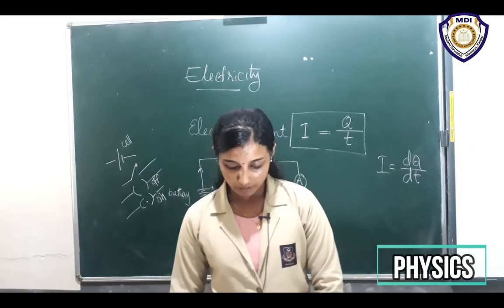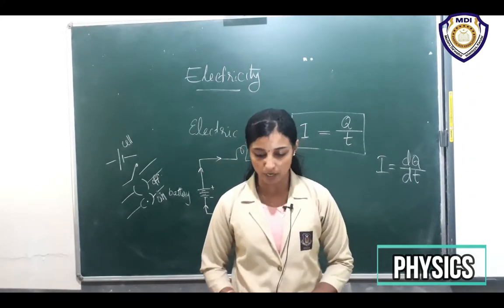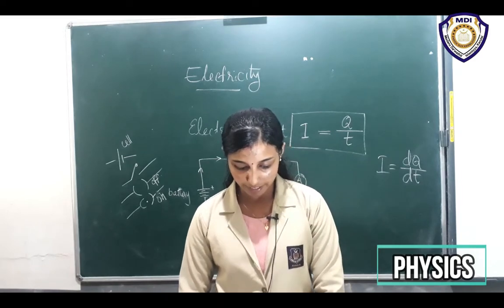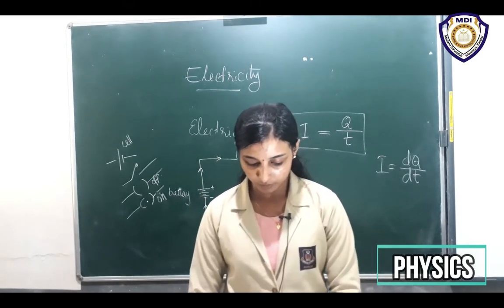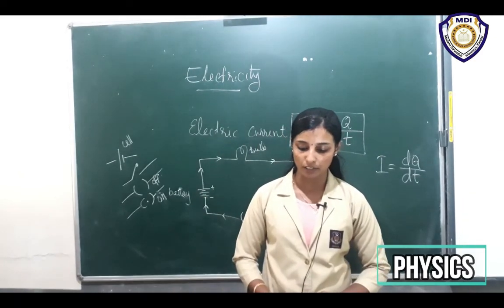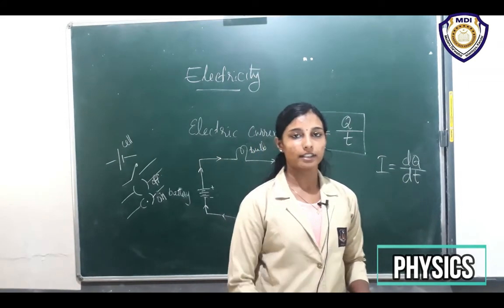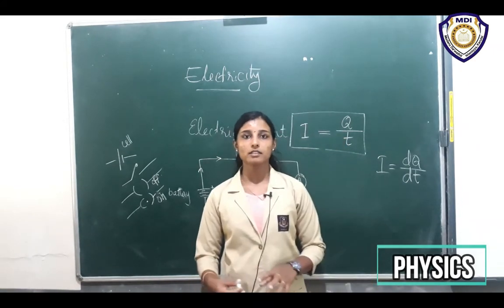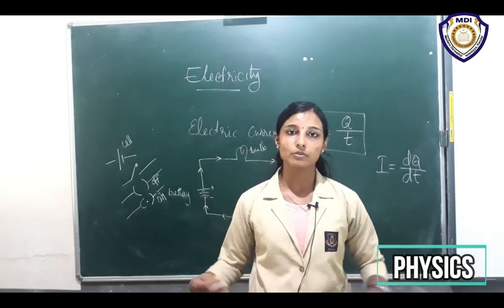So conventionally in an electric circuit, the direction of electric current is taken as the direction of flow of positive charges, as opposite to the direction of flow of electrons which are negative charges, that we have already discussed. That means electronic current is in the direction of negative to positive.